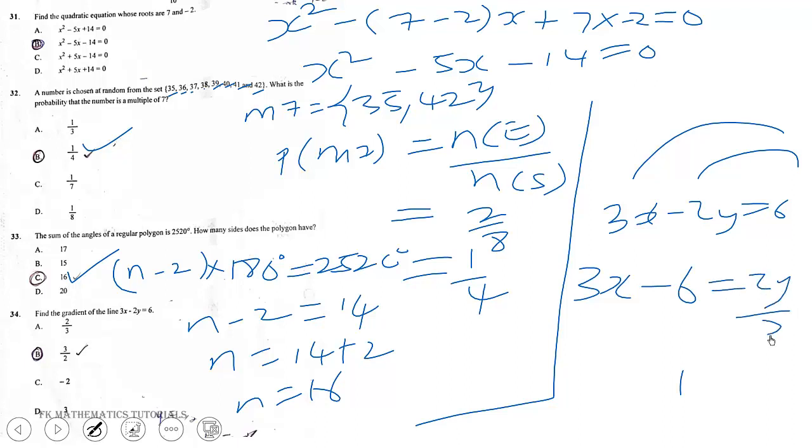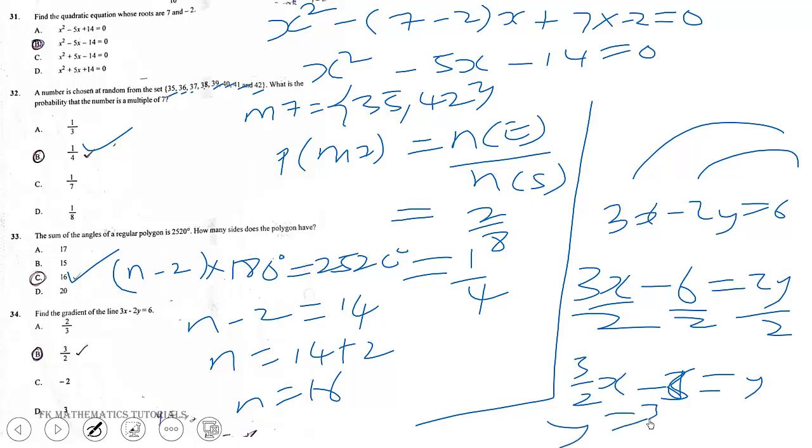So dividing through by 2, you get 3 over 2 x minus 6 over 2, which is minus 3, is equal to y. Or y is equal to 3 over 2 x minus 3. So this is in the form y equals mx plus c, where m is the gradient. So the gradient is 3 over 2.